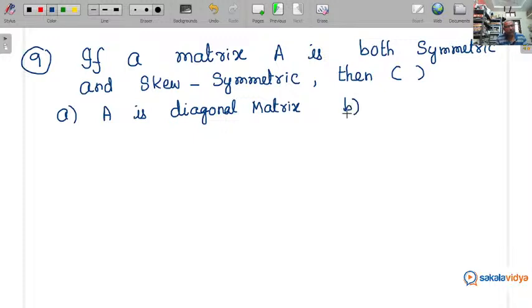B, A is a zero matrix. C, A is a scalar matrix.